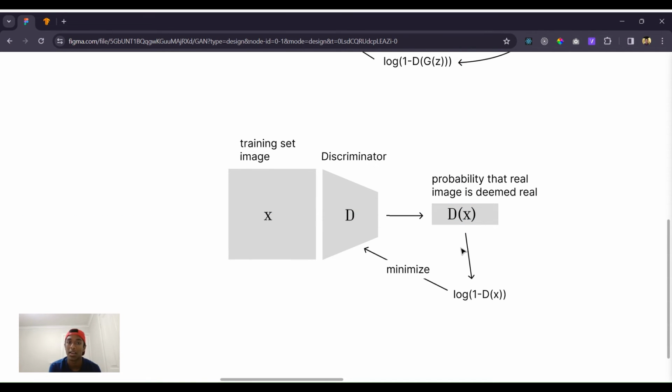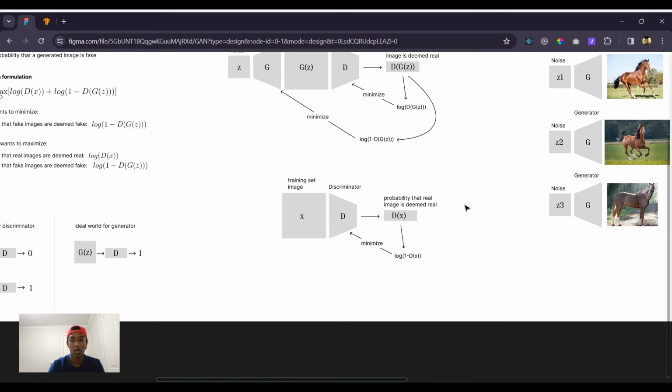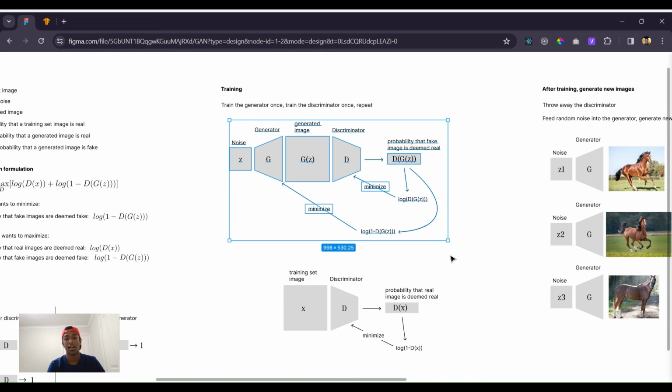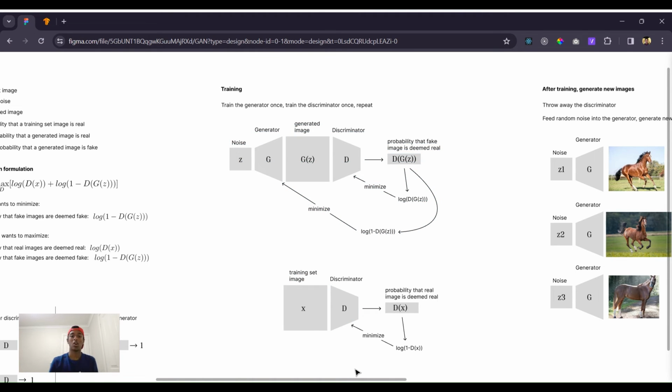But to put it in a way that neural networks can learn, we do 1 minus this, and then we minimize that. So instead of maximizing this, we minimize 1 minus that. I know it's a little bit strange, but that's how neural networks learn. Okay, so that's training. We input a generated image, then we input a training set image, and then we keep repeating that over and over.